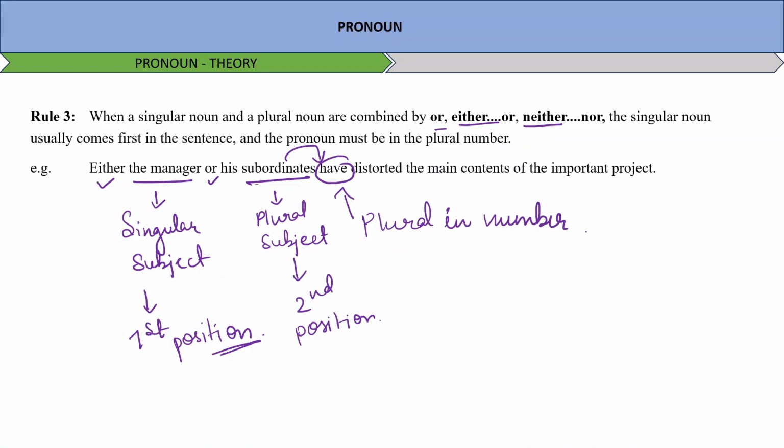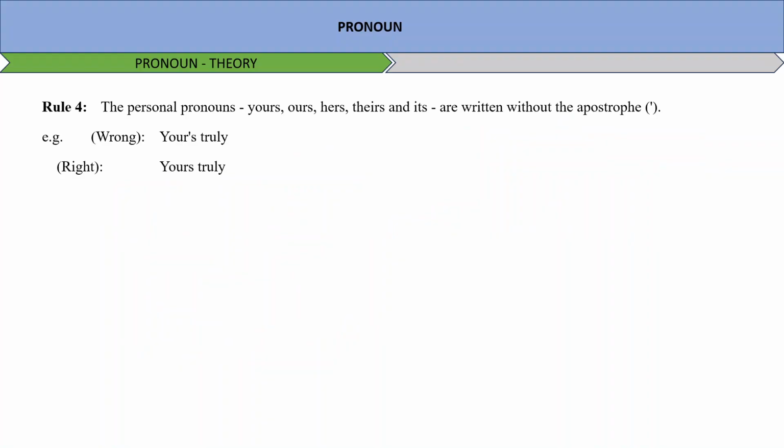Next, the personal pronouns yours, ours, hers, theirs, and its are written without the apostrophe. So you must have made this mistake a lot of times by writing "your's" as in "sincerely, truly, lovingly yours". Never use an apostrophe or apostrophe s.